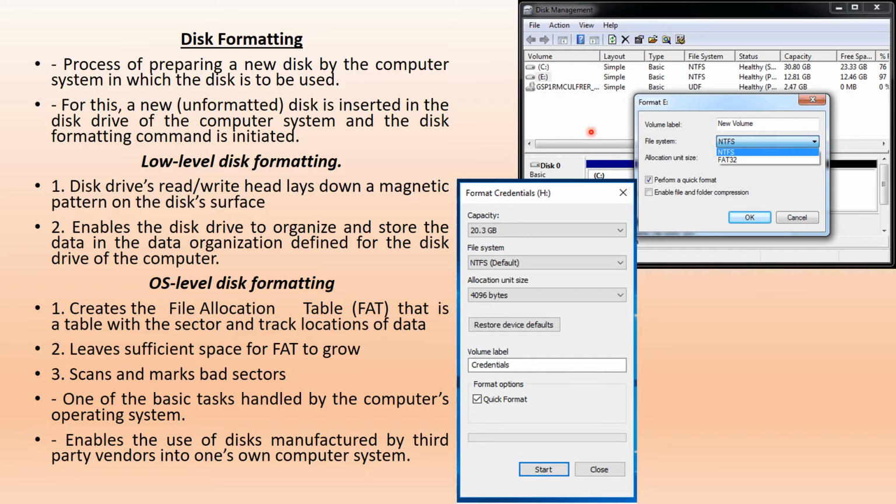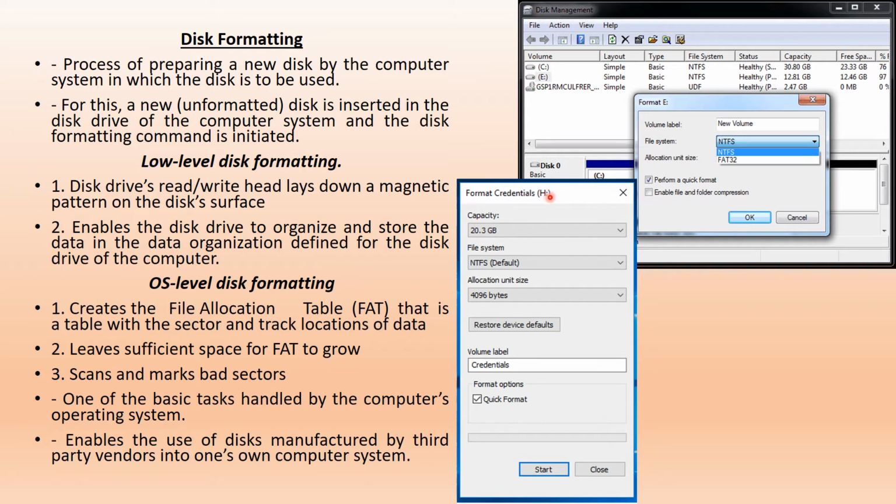Once you buy a new hard drive or a new SD card, or if you have a laptop and the hard drive gets spoiled, you need to buy a new hard drive and you have to format it whenever you put it in. It doesn't matter the size, whether it is 64, 120 gigabytes, 1 terabyte, or 2 terabytes, you need to format it. This is a very important process of formatting a disk.